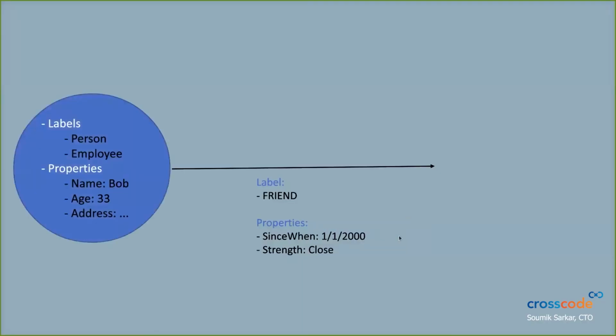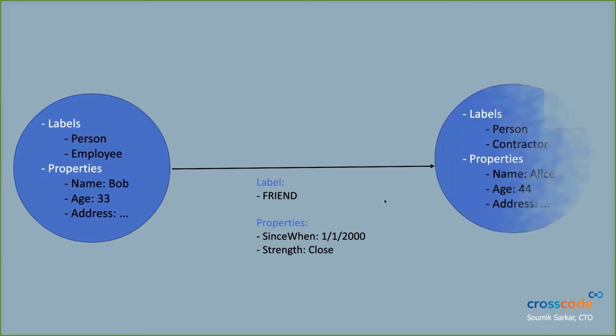Let's bring it all together. In our example, we have one vertex for Bob of the type person, as well as an employee, with properties indicating his name, age, and address. Then we have another vertex for Alice, who is a person and a contractor, and properties indicating her name, age, and address also. And finally, we have the relationship between Bob and Alice being represented by the friend edge.